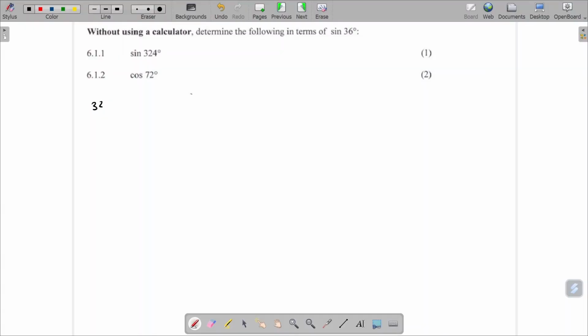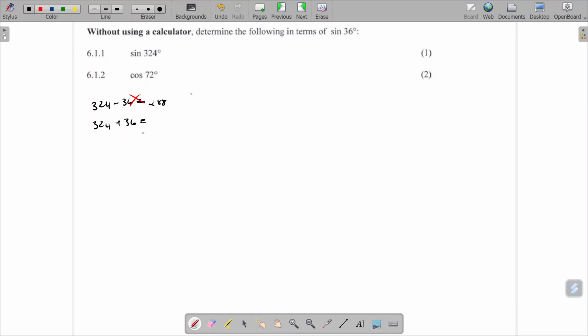Before I do that even, I'm going to look at what is 324 minus 36, and we're going to look at what 324 plus 36 is. Now 324 minus 36 is 288, I think it is, which doesn't help me because that's not a nice value. So that's not going to be overly useful. So I'm going to scrap that idea.